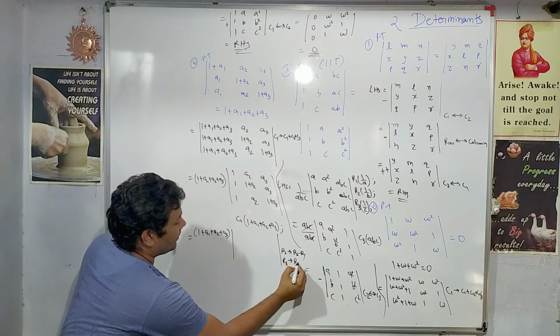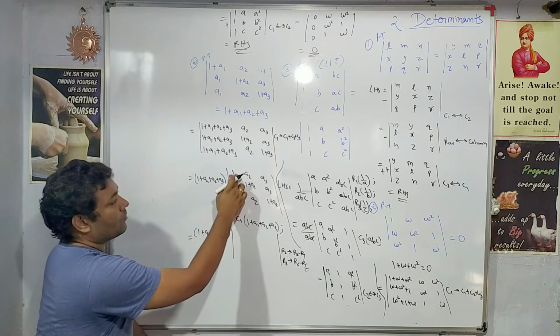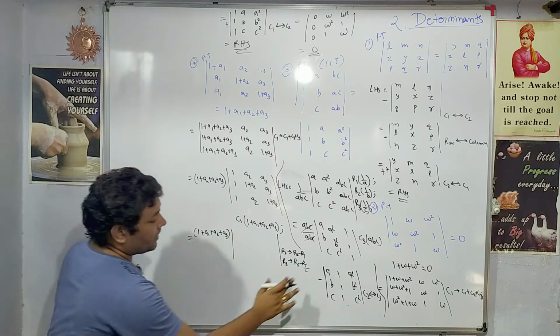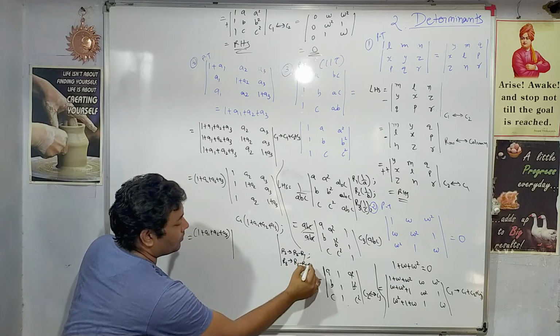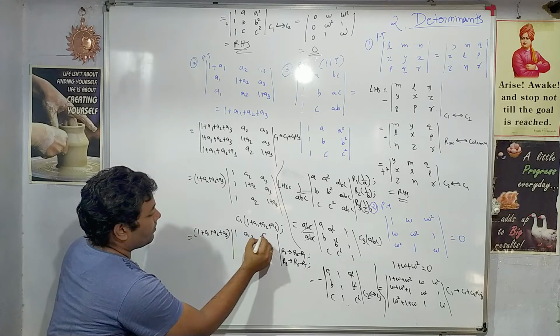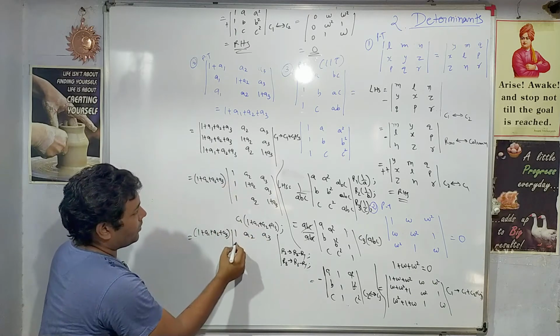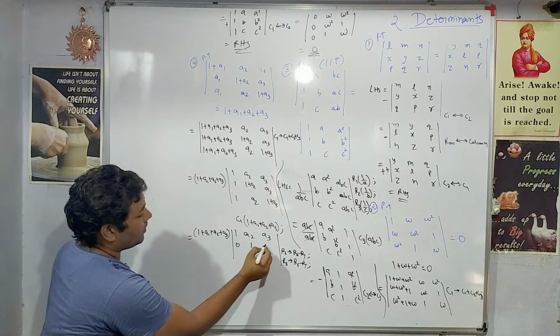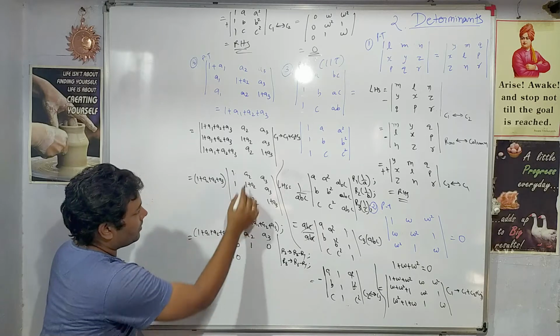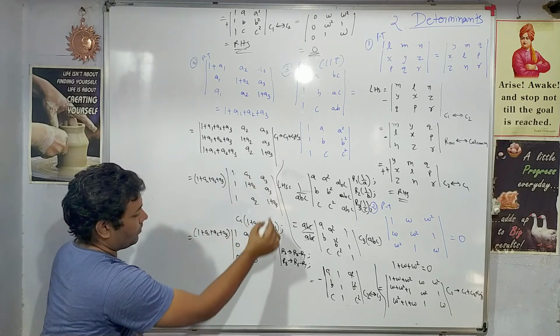It will be r3 minus r1. So first row will be subtracted into second, and first also into the third. Please keep this in mind that you can carry out only two operations at a time. So the first row remains as it is. If I do subtraction, this will become 0, here it will remain 1, here it will become 0. So if I again do subtractions, here 0, 0, 1.